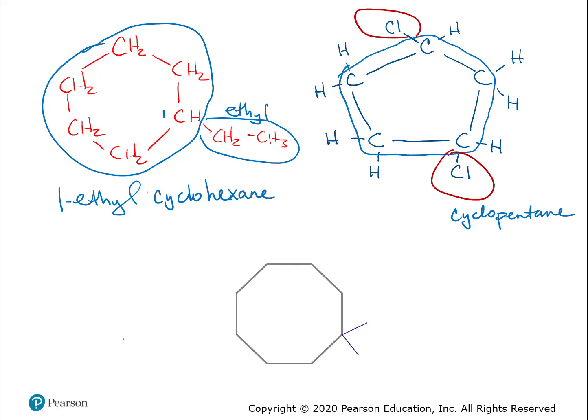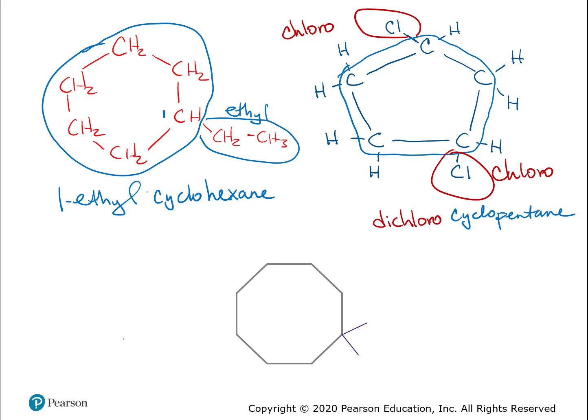I don't have to name the hydrogens. They're assumed. They're part of the cyclopentane. I only have to name non-hydrogen groups. So this chlorine becomes a chloro, and this chlorine becomes a chloro. And since I have 2 of them, they're called dichloro.